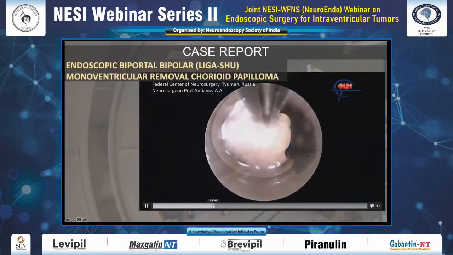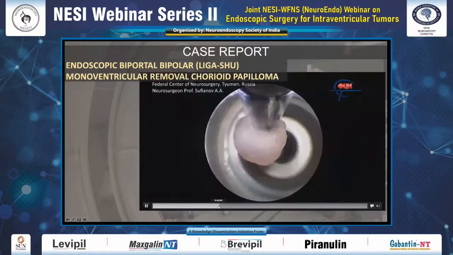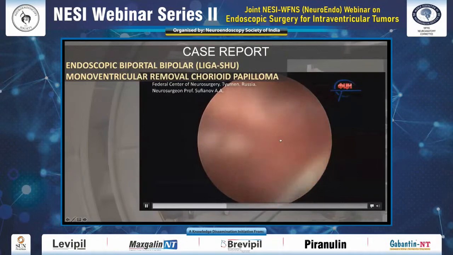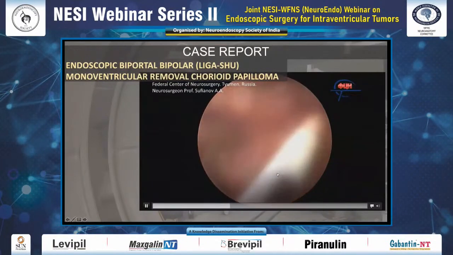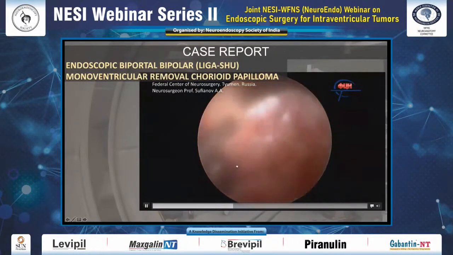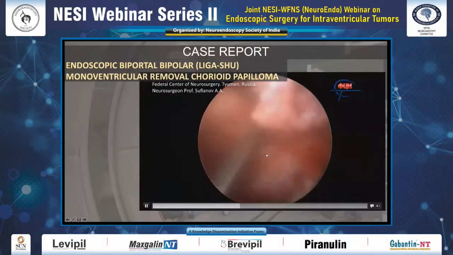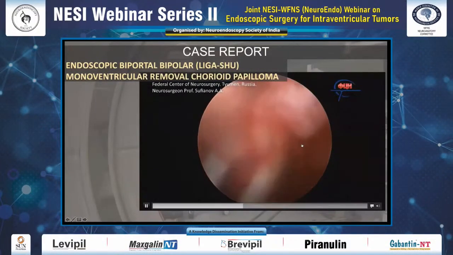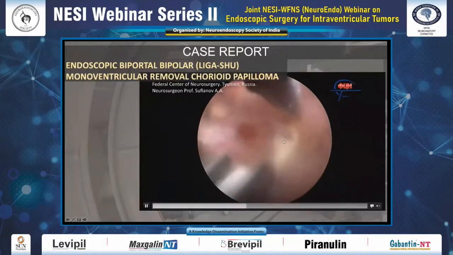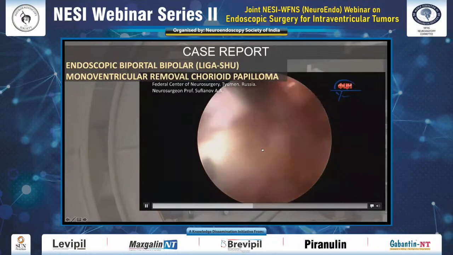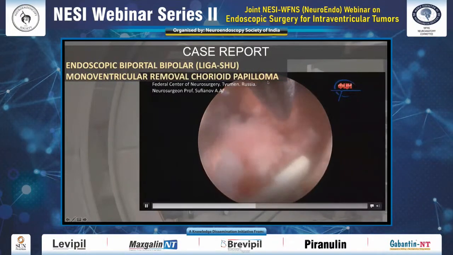From the second port, I introduce an instrument, like a ligature forceps. You see this. You see the forceps that I introduce through the second port. By ligature it's very safe and very quick. You see the coagulate and cut, and piece by piece I remove this tumor.